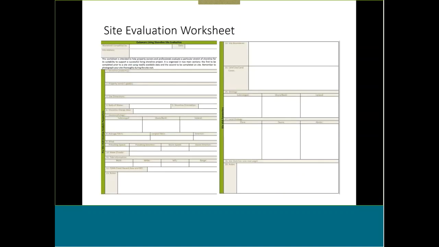including a worksheet. Now this worksheet, which I'm showing now, includes both desktop analysis parameters and site visit parameters. We recommend looking at the desktop analysis first for a couple of reasons I'll go into later, but it's going to help provide that perspective on how much data is available and what you might need to collect subsequently in the field.